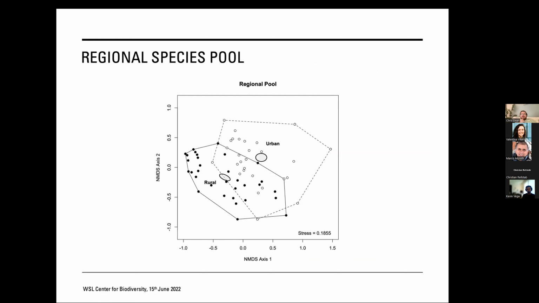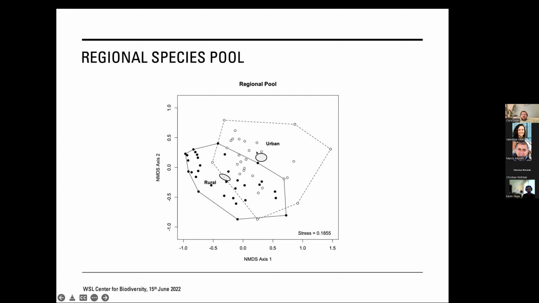So this is the regional species pool, just to show you that in terms of composition, this is an NMDS. Each point represents composition for a dispersal event. The closer two points are together, the more similar they are in composition. The dark points are the rural sources, and the open points are the urban sources.